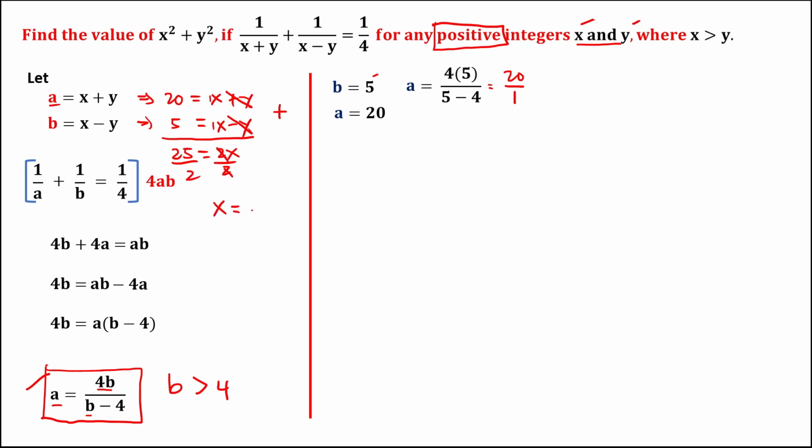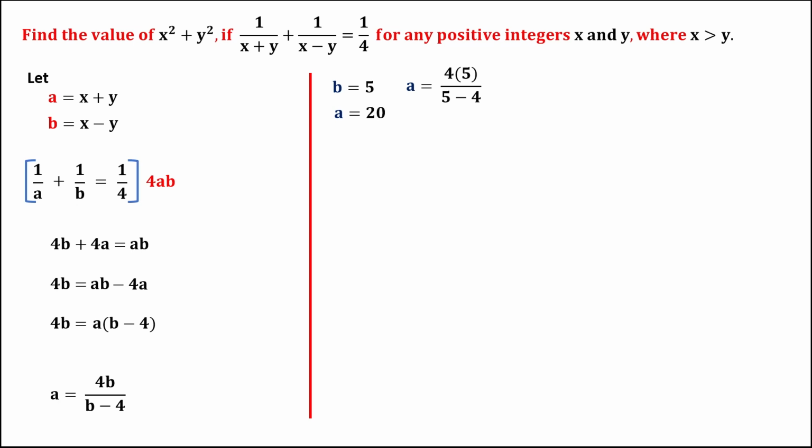So 25 divided by 2 is 12.5. So observe that the value for x is not an integer because this one is a decimal. So therefore, these values for b and a are not the values for this equation. Then let's proceed to the other value for b.